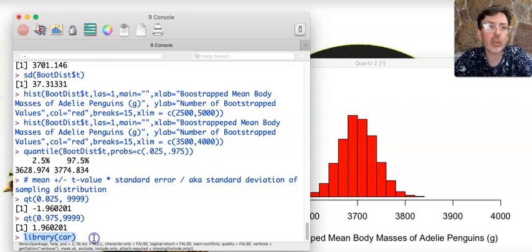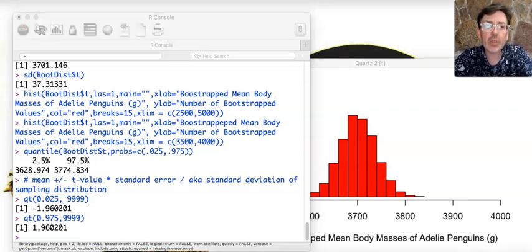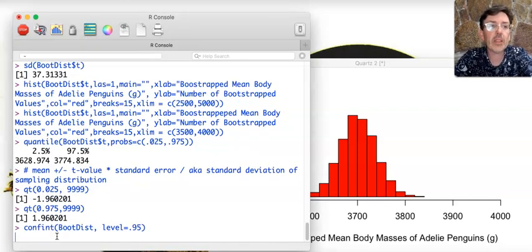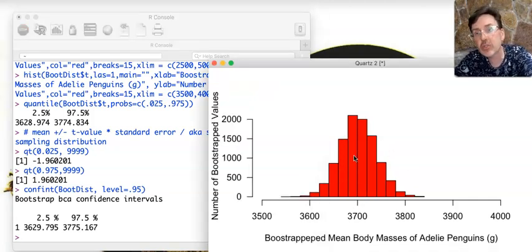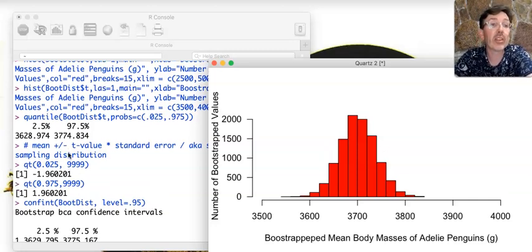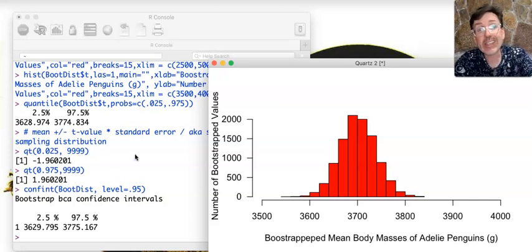We've already loaded library car in, and what this is going to do is give bootstrap bias-corrected confidence intervals, which is going to take into account what the sample mean is and if there's any degree of skewness happening in a sample. Now you'll notice these values are pretty close to each other. They all have slightly different assumptions about things, but I wanted to show you the different tools and techniques that we had available.